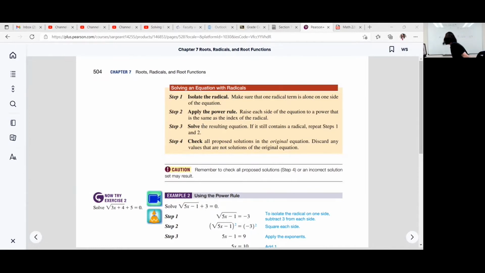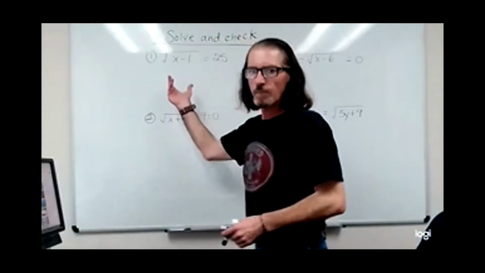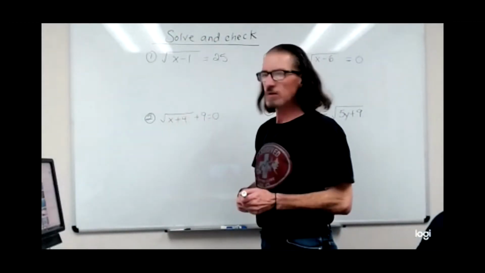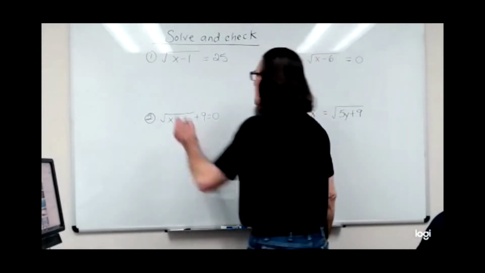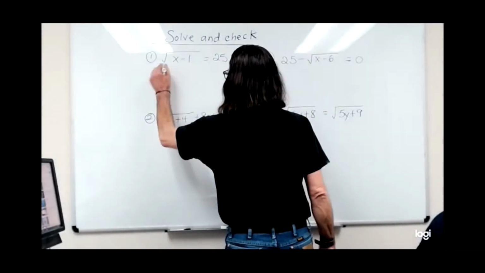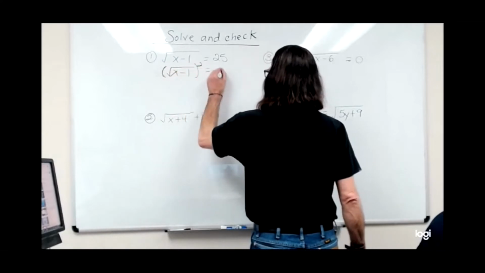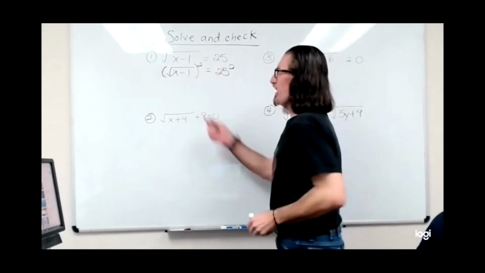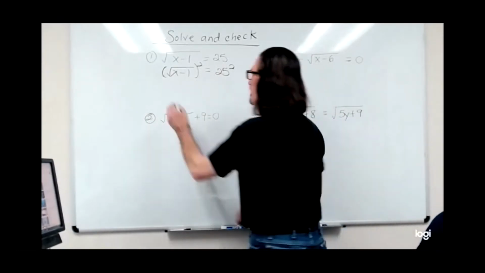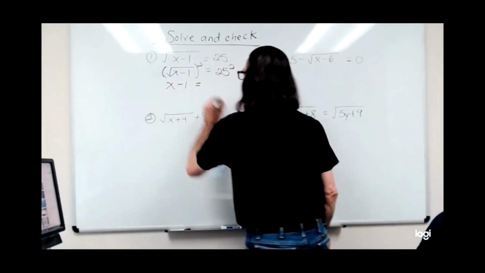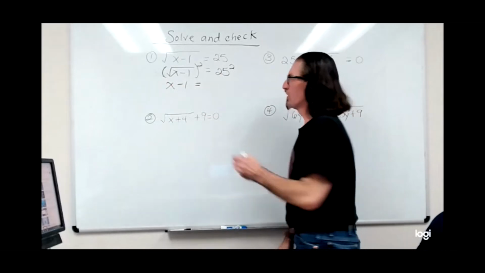So here we go. This first one, the square root is already isolated because that has an index of 2. Then squaring both sides, on the left side is going to cancel this out. And 25 squared is 625.